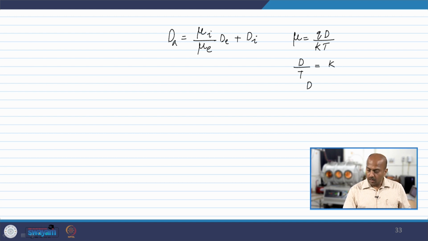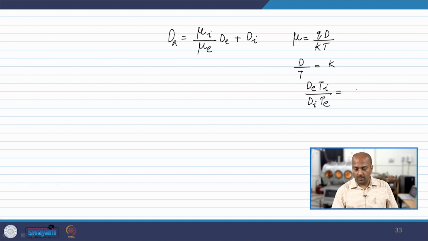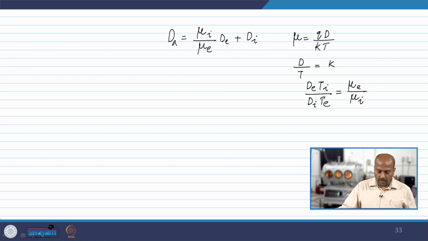So, dE Ti divided by dI Te will be a constant, and this constant is going to be mu E by mu I. So, from this we can get this ratio of mu I by mu E dE. Rearranging the terms, it will be Te divided by Ti times dI.